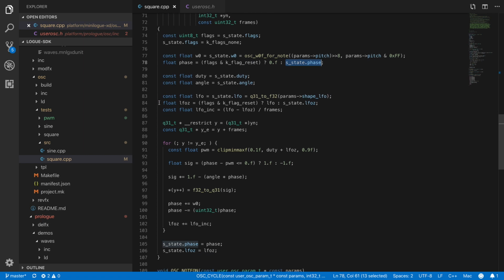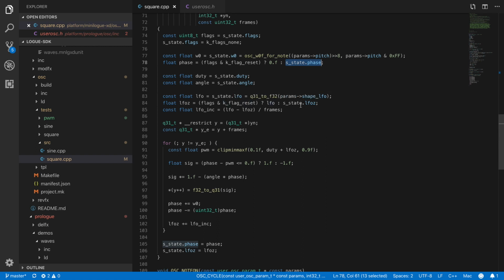In the next line, we are setting the LFO amount depending on whether the flag is going to get reset. If it's reset, set it to the LFO amount that we are getting from the synthesizer.